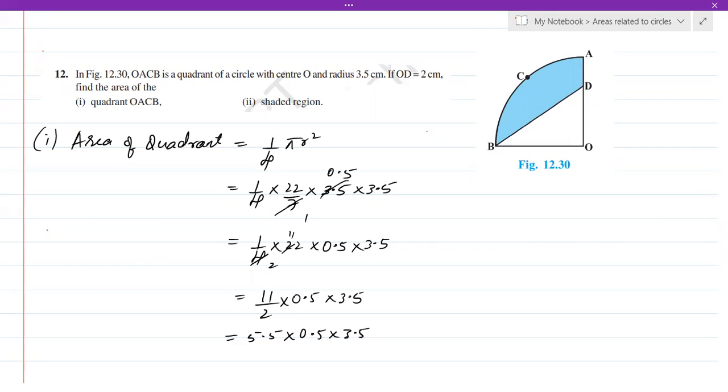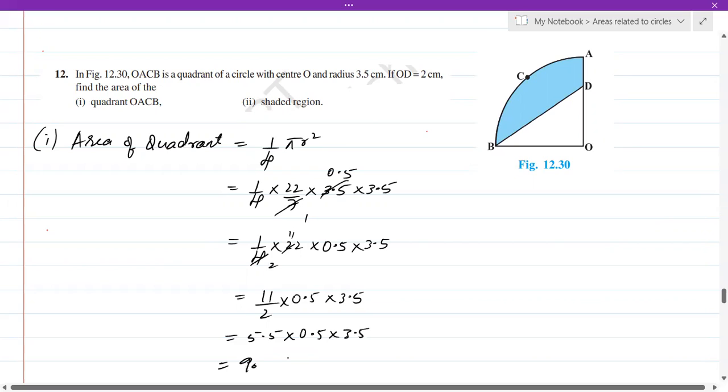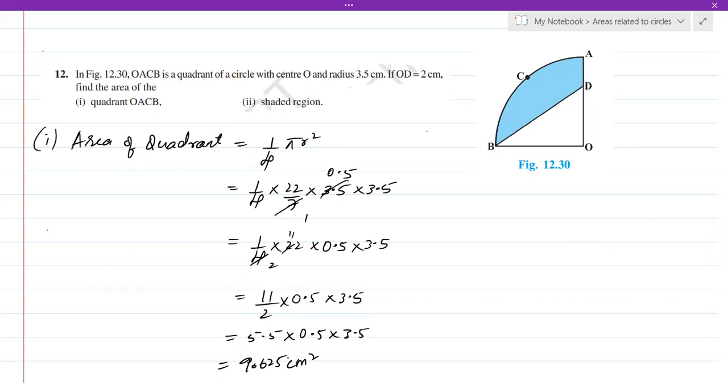So let's multiply all the stuff. 5.5 into 0.5 into 3.5. If you multiply all this, you get 9.625 centimeter square. The next question, area of the shaded region, the second sub question.